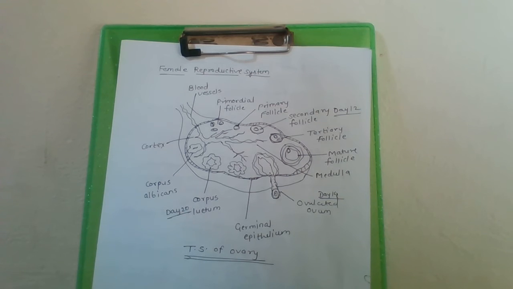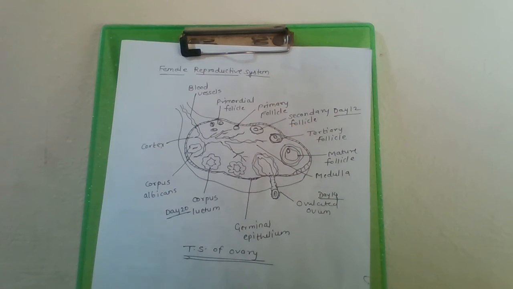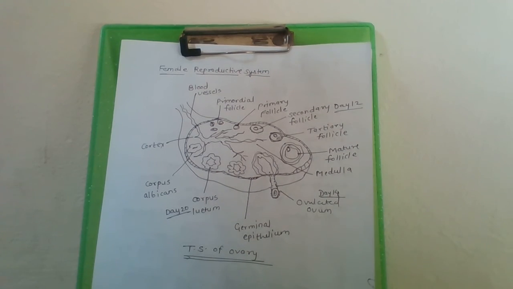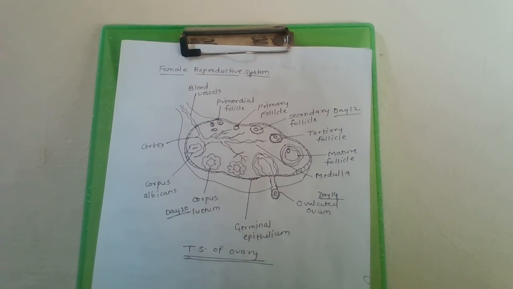The development of primordial follicles into mature or Graafian follicles restarts with the onset of puberty. During each menstrual cycle, only one of the primordial follicles starts growing to form Graafian follicle. In each cycle, alternately, one of the two ovaries produces the Graafian follicle.